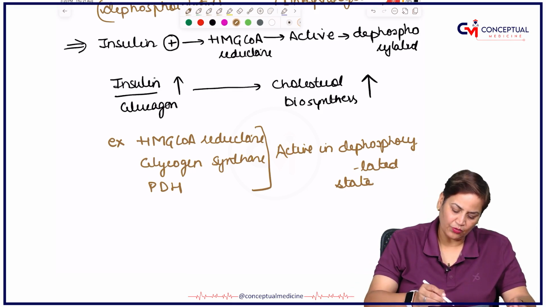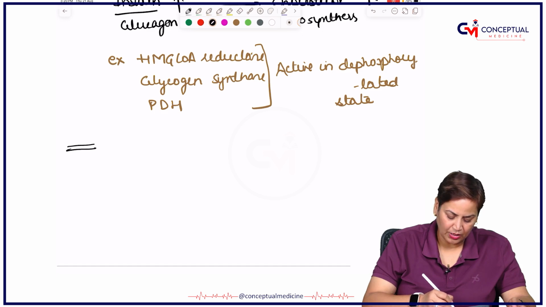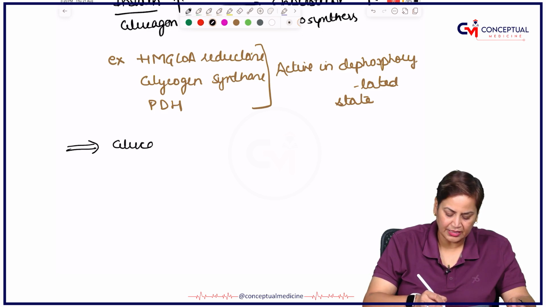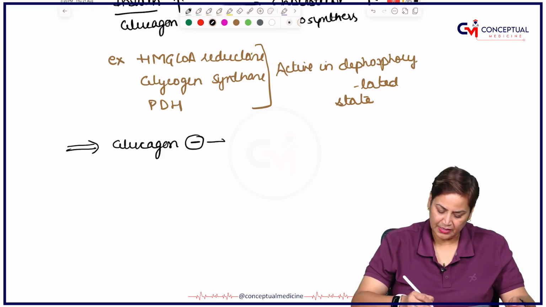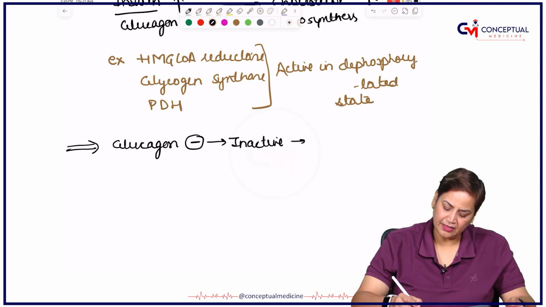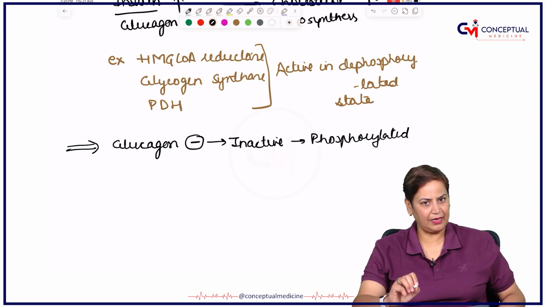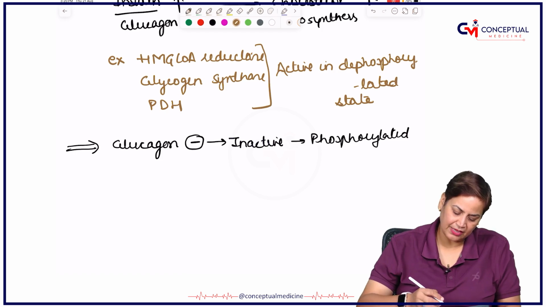Okay. And coming over to the antagonistic part, if I talk about glucagon, since glucagon is inhibiting it, it will promote the inactive form. And inactive form is phosphorylated. And in general, you also have witnessed in other videos that glucagon and epinephrine have almost the same function.